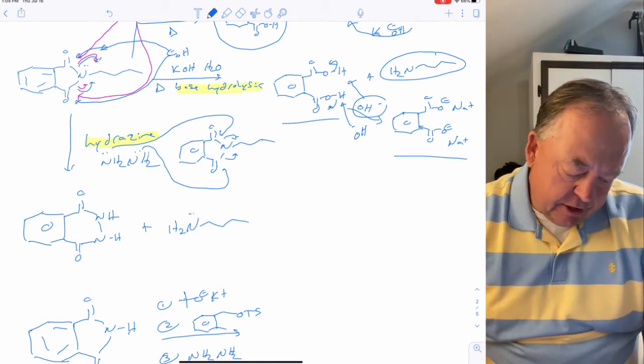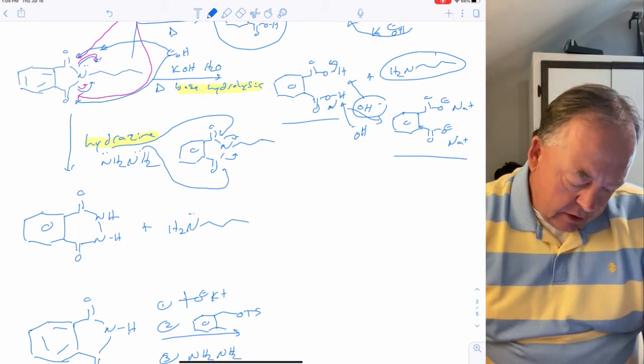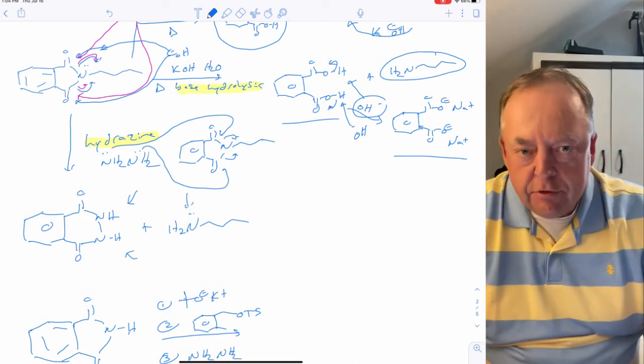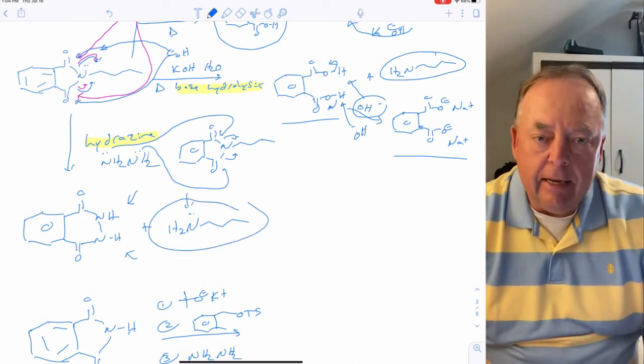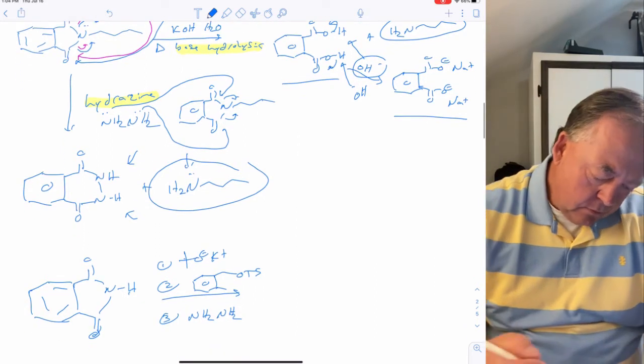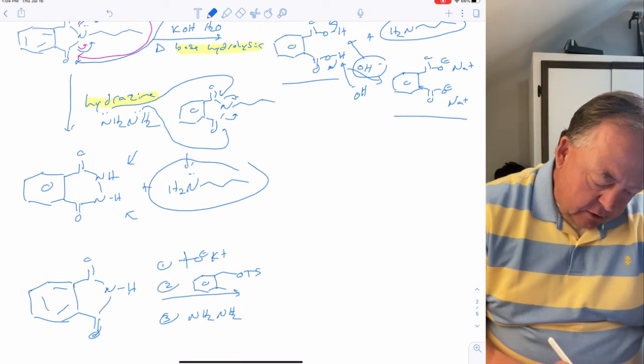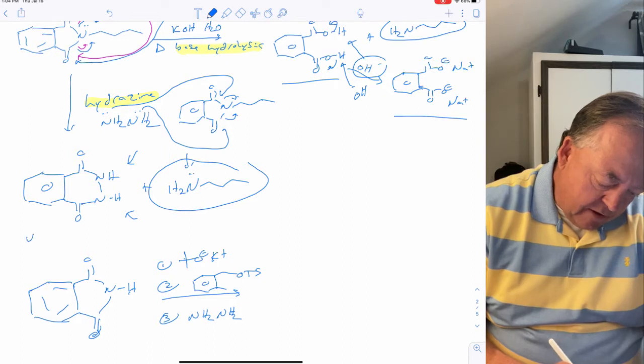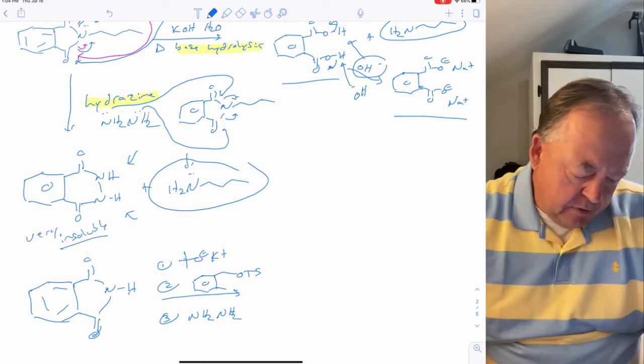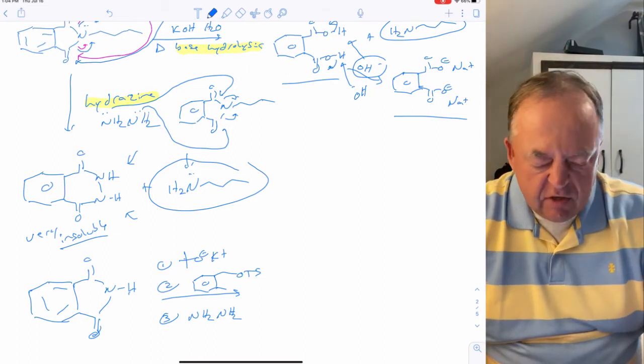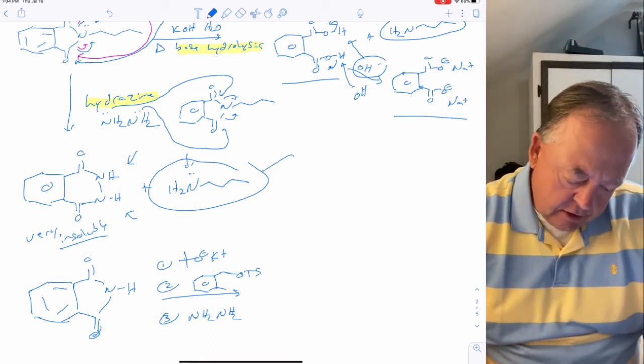Then each of these nitrogens loses one hydrogen, so they end up as NHs, and the nitrogen picks those two hydrogens up, and you get your amine out. Then you make this side product, which is very insoluble, so it would typically precipitate out, and you would just filter that off to give your amine.